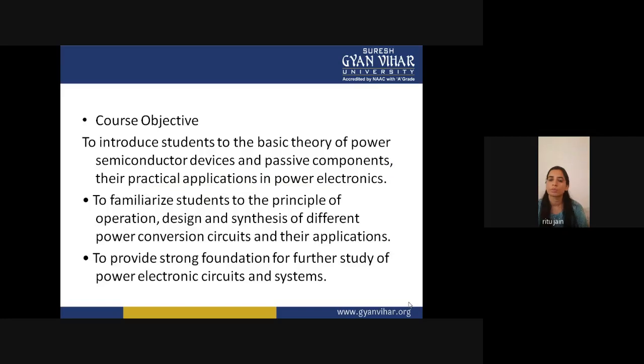So what is the course objective? The course objective of this lecture is to introduce students to the basic theory of power semiconductor devices and passive components and their practical applications in power electronics, to familiarize students with the principle of operation, design and synthesis of different power conversion circuits and their applications, and to provide a strong foundation for further study of power electronic circuits and systems.